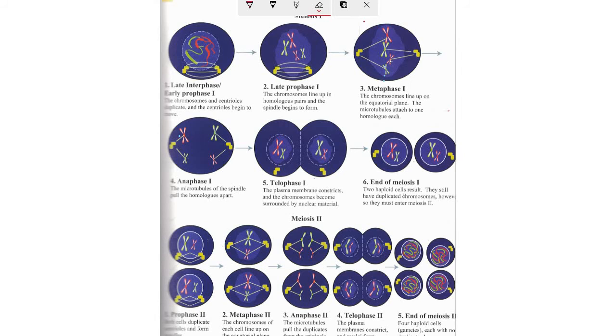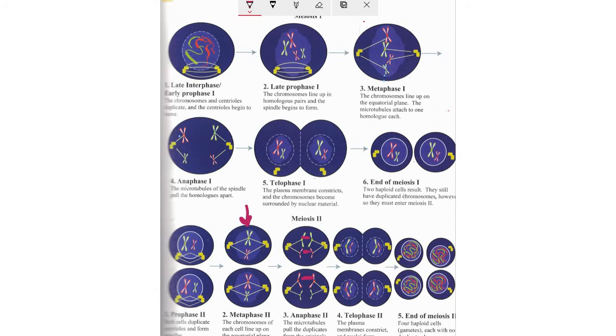In metaphase, they line up in the middle. Remember, meta means middle. And then in anaphase, just like in mitosis, the pairs get separated. So we can see here the pairs are getting pulled apart from each other.